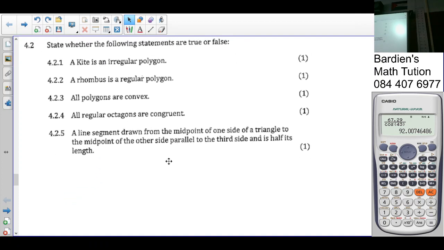The next question, 4.2, state whether the following is true or false. This was last year's paper 2 for grade 10. So last year's grade 10s got it. So why wouldn't you get it?